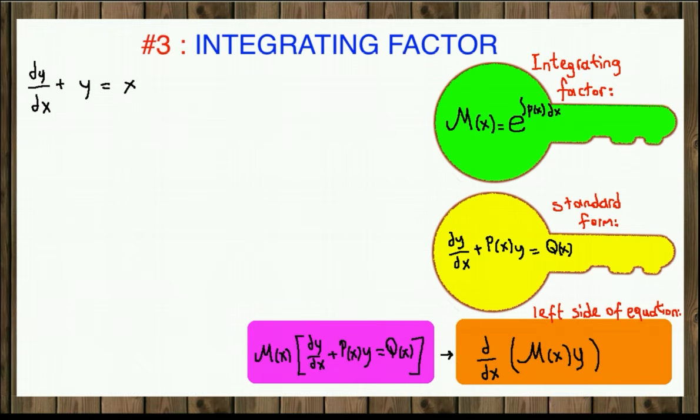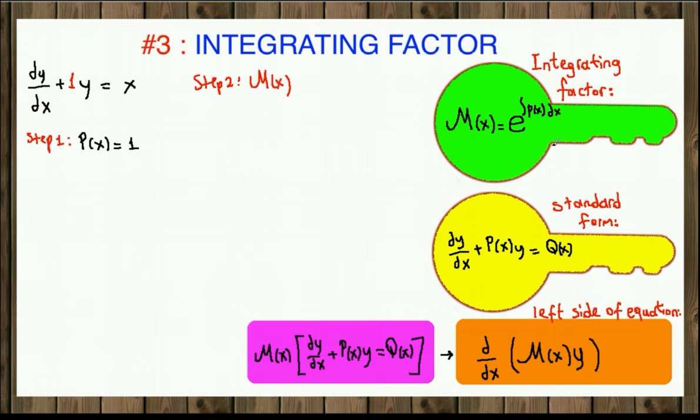Here, we need to detect our p of x. P of x is the coefficient or function in front of y. In our question, it is 1 times y. So our step 1 is to find what the p of x is. Our step 2 is to find mu of x.